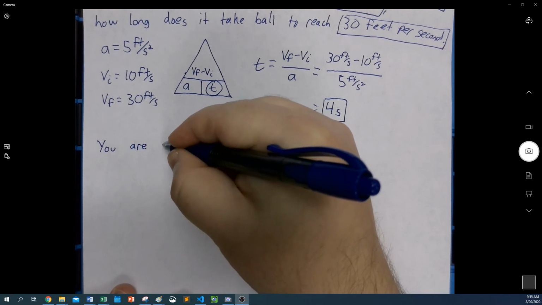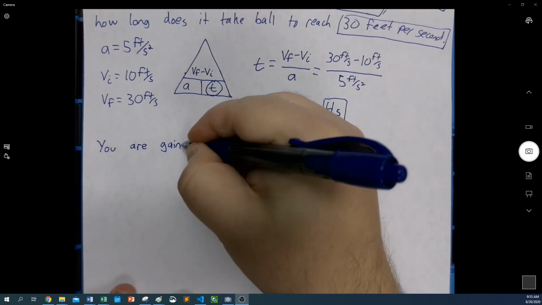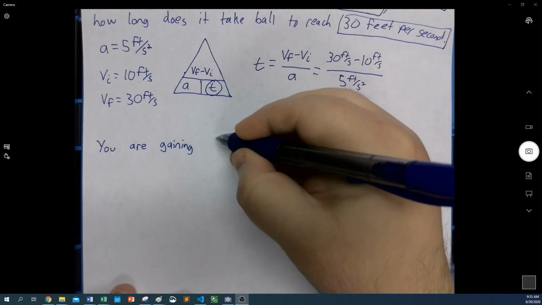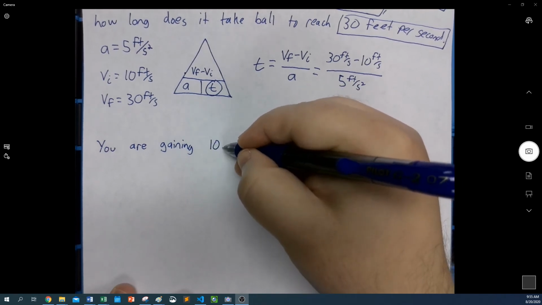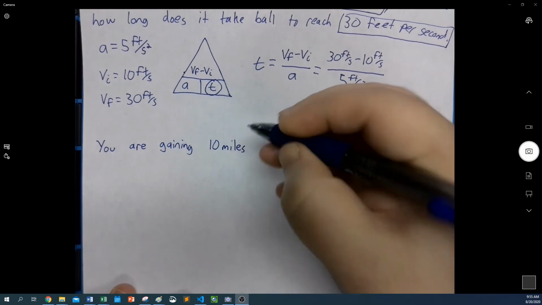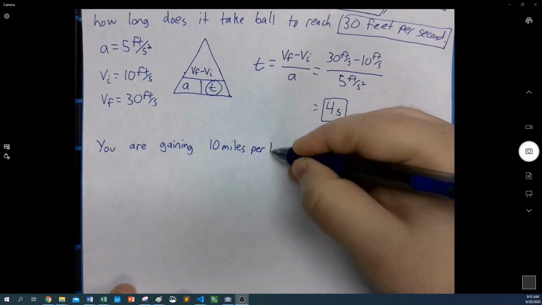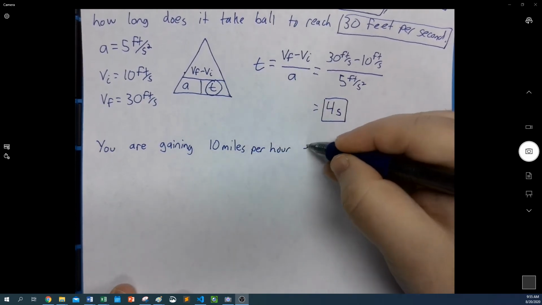You are gaining 10 miles per hour every minute.